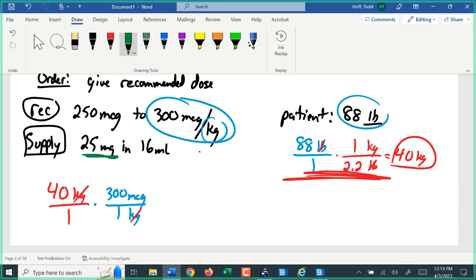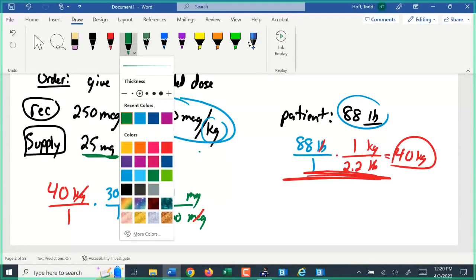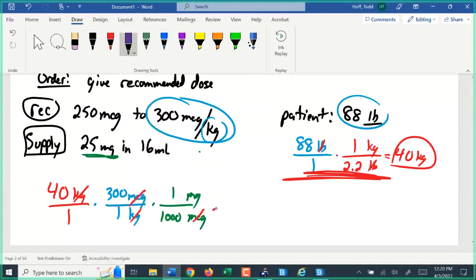We have milligrams to milliliters, so we have to get rid of the micrograms first. So micrograms to milligrams: 1 milligram is 1,000 micrograms, canceling out the micrograms. Now we can take that final step to get rid of milligrams, using 25 milligrams in 16 milliliters.